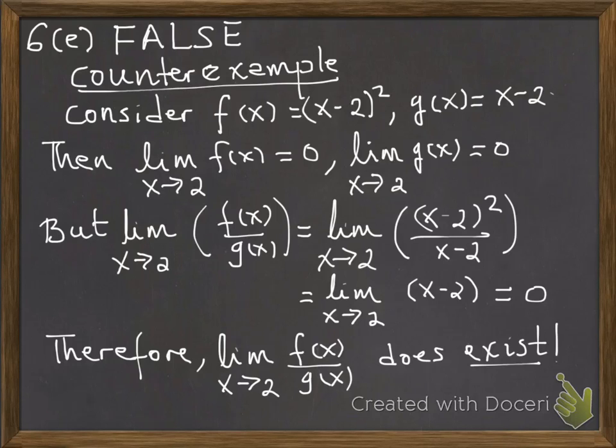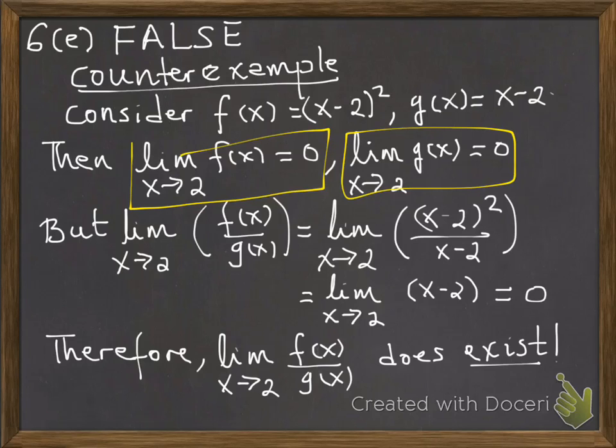The limit of each given function is 0. So it satisfies the hypothesis, but the ratio becomes x minus 2, and its limit is equal to 0. So in this case the limit exists. Therefore the given statement is false, and this is a counterexample.